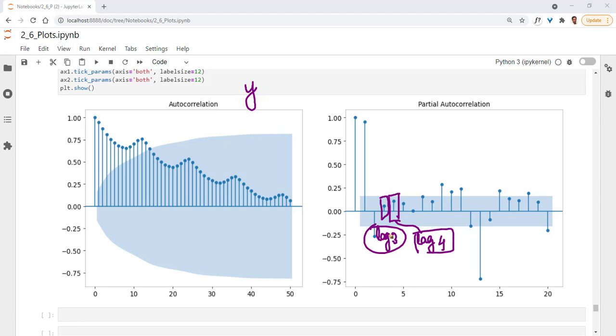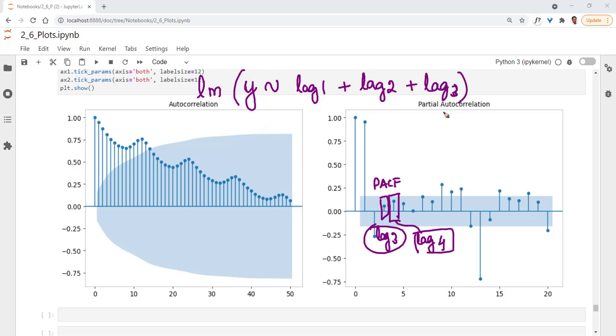Now, to compute the PACF of lag 3, what statsmodels internally does is it creates a linear regression model that tries to explain y as a function of lag 1 of y plus lag 2 of y plus lag 3 of y.